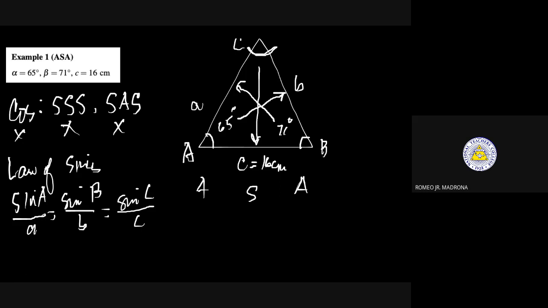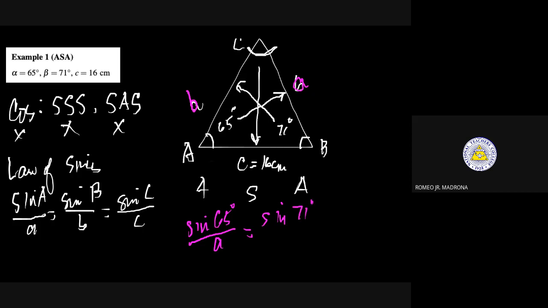So, sine A or sine 65 degrees, kindly get ready with your calculator. Baliktad. Ito pala yung B. Ito yung A. Ayan, see, nagkakamali ako. Okay, so A, anyway, wala naman silang values. So, sine 65 over a, sine B is, ano bang sine B natin, class?